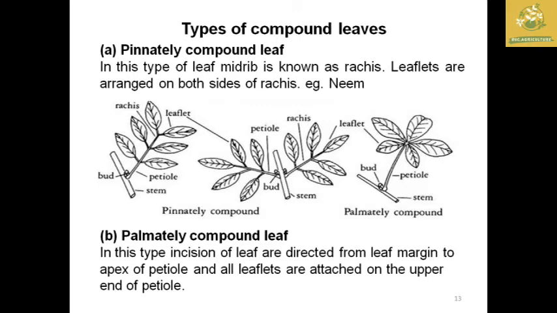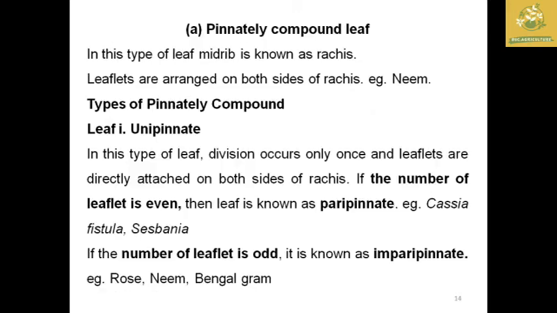And in the palmate compound leaf, the leaflets arise from a particular point, which is the apex of the petiole. The leaflets are attached at the upper end of the petiole. So these are known as palmate compound leaves.